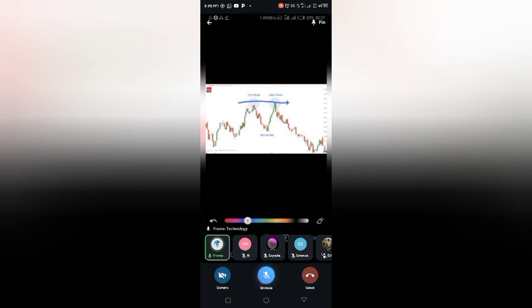You understand? So you could see a swing high. We have already talked about it. You will see that a swing high will just go there, hit there and change the direction. Go, hit there and change the direction. So that line there will be referred to as our resistance.